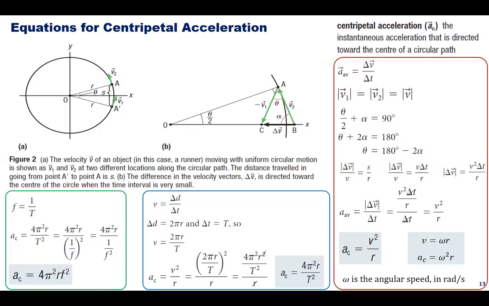So the magnitude of v1 equals the magnitude of v2 equals the magnitude of v. Or simply, we can denote that magnitude as the letter v. The third side of this triangle is a vector delta v, which has the length of the magnitude of delta v, right?